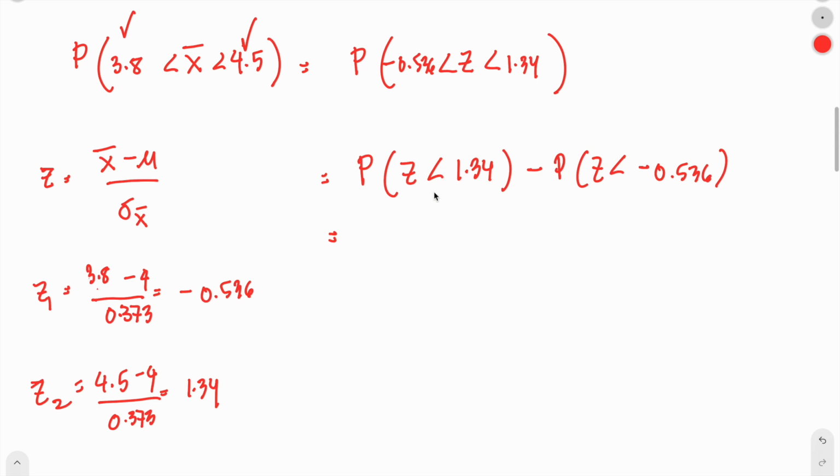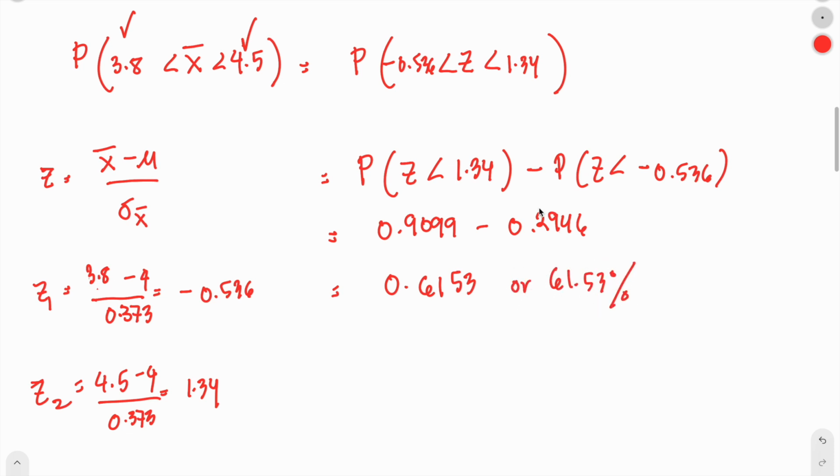Use your table 2 to find 1.34, and it should say that 1.34 is 0.9099, and this is 0.2946, or 0.6153, or 61.53%. So I hope you can find these values.